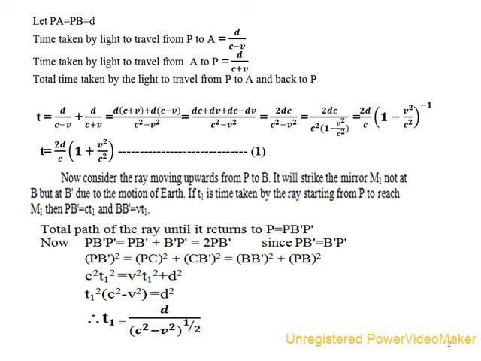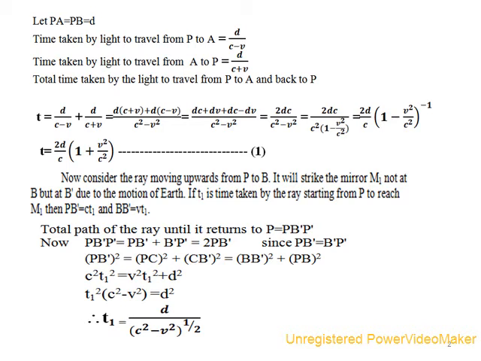After simplification, we get this term in the denominator. If you take the numerator, we get a term like this. Here C is taken outside the bracket. By using the binomial theorem, this expression can be written as T equal to 2D by C, into 1 plus V square by C square.